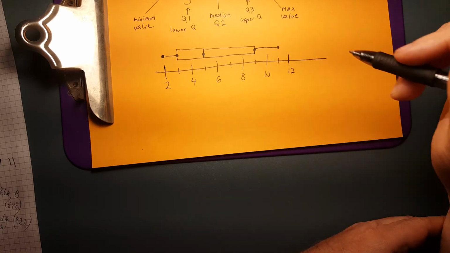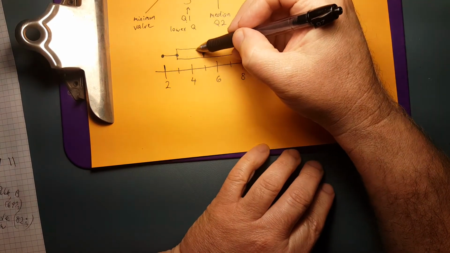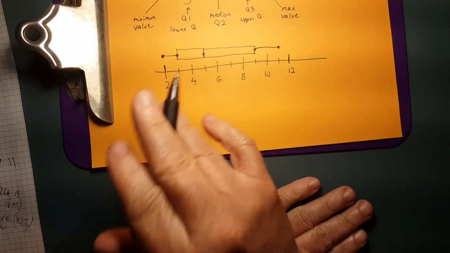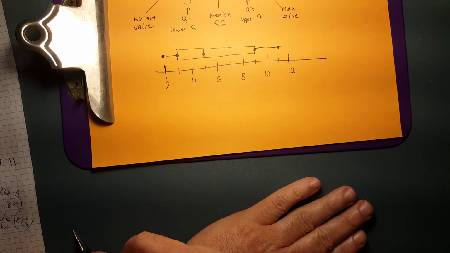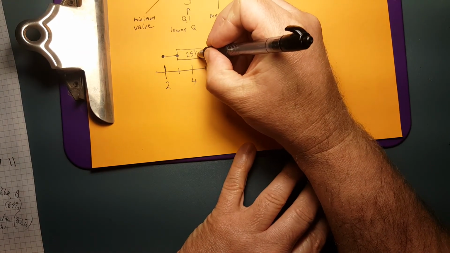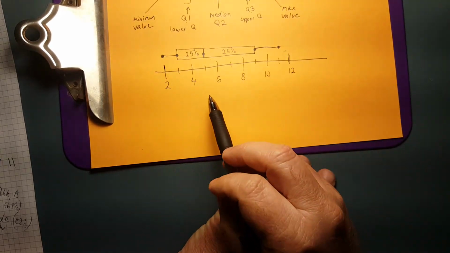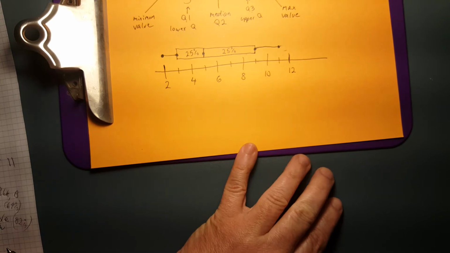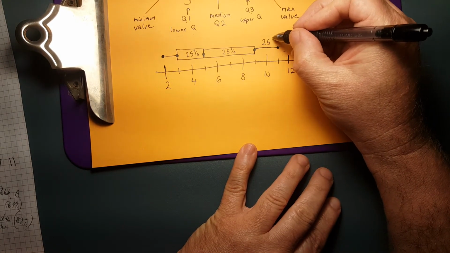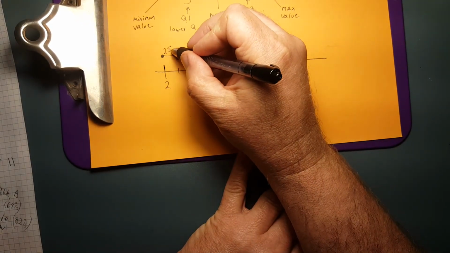Now, there's a couple things you should know about the box and whisker plot. Inside this box here is 50% of the data. Half the data will be inside that box. Okay? So there's 25% here, and there's 25% here, or 1/4, thus quartiles. The upper range should also have 1/4 of the data, and the lower range also have 1/4 of the data.